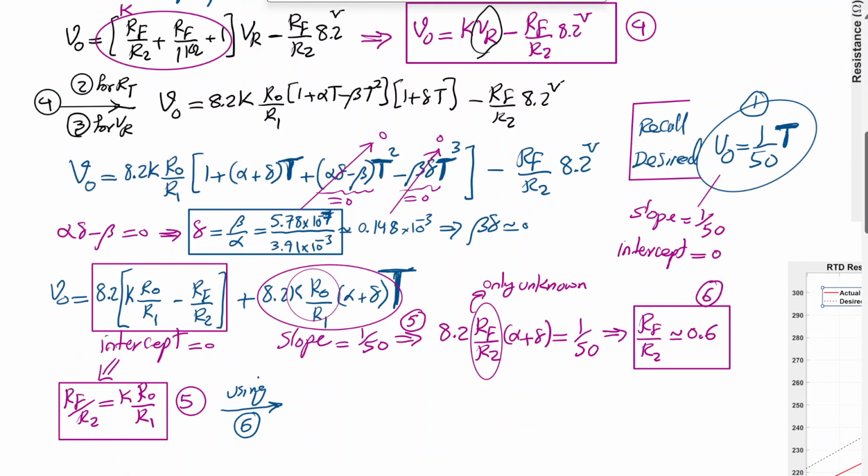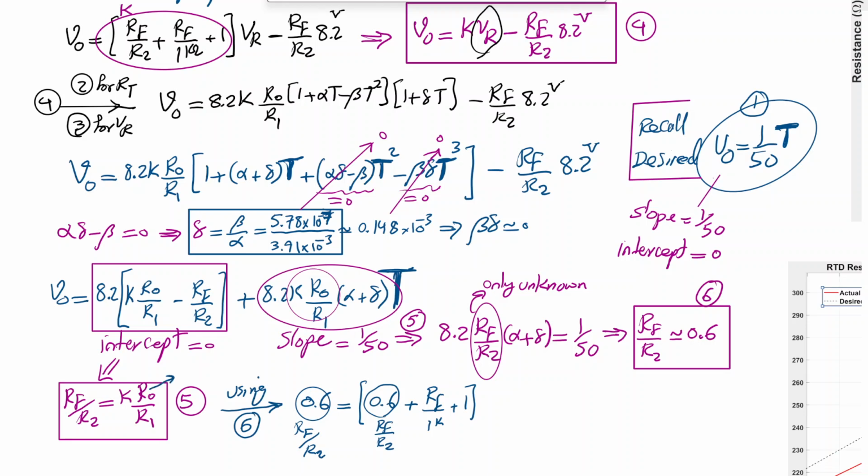So we're gonna get basically 0.6, which is RF over R2, equal to K, which is RF over R2 plus RF over 1K plus 1, times R0 over R1.